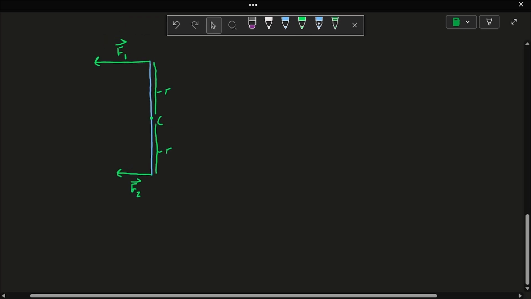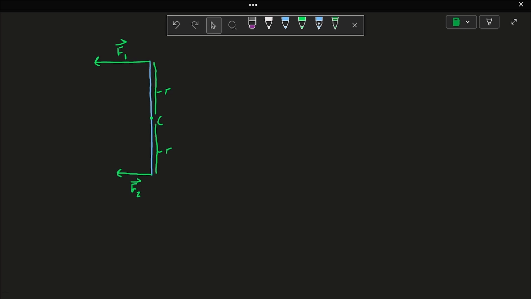Now, even though this looks like both should be rotational because they're both perpendicular to our r vector, right? However, imagine you have a pencil, and you can actually model this if you have a pencil nearby, and you push on both ends of the pencil at once. It's going to have a translational motion, even though the force you're applying is perpendicular.